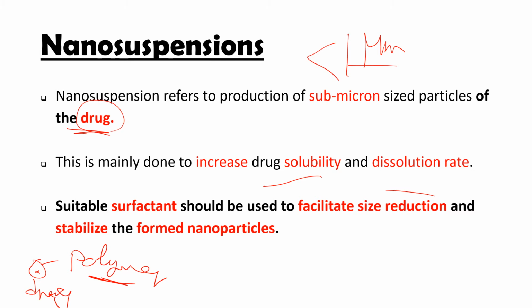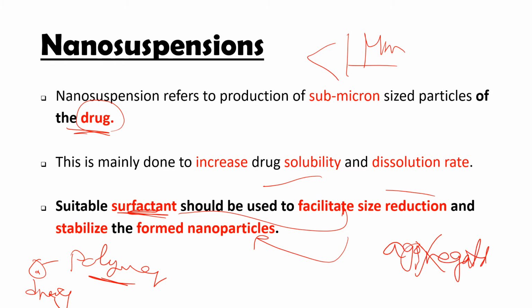The only excipient we add is a surfactant to facilitate size reduction, because in presence of surfactant, if the drug is precipitating, it will precipitate in very small size because of reducing the surface tension. And after precipitation, the surfactant also will stabilize the nanoparticles and prevent aggregation and caking by several techniques.